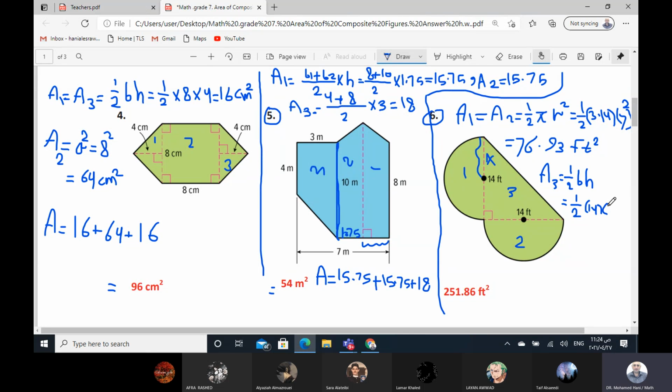And the height will be 14. Now 14 times 14 will be 196. Divide by 2. The answer will be 98 ft squared.